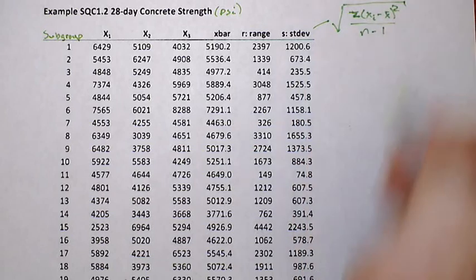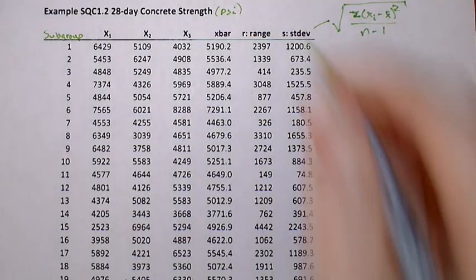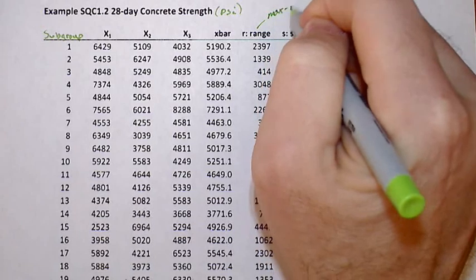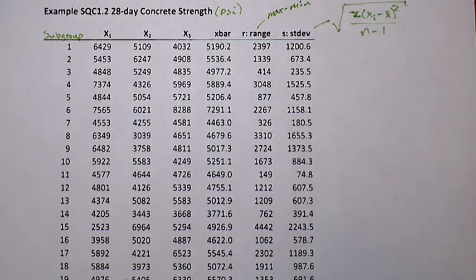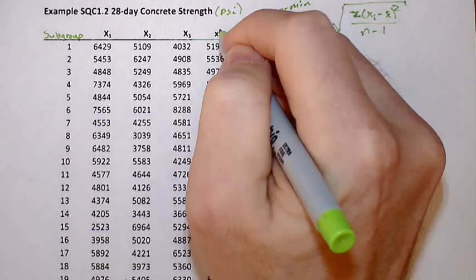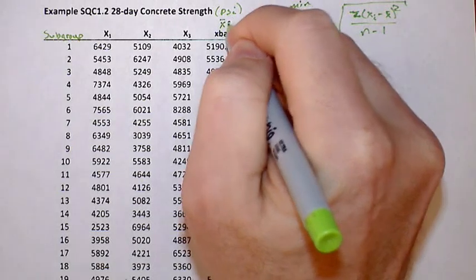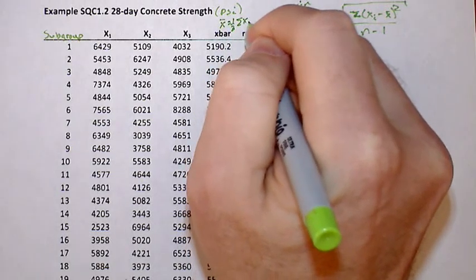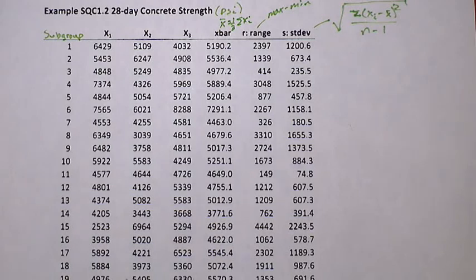And just to make this crystal clear, range is max minus min, and x bar is your typical x bar equals 1 over 3 times the sum of the xi. So that's what each one of these columns is.